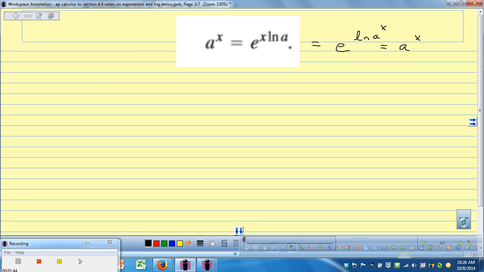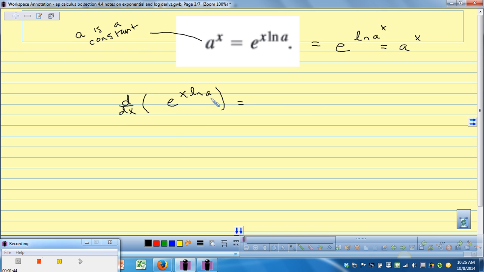I believe it to be true. So now, it makes it far easier to take the derivative, now that we know the e to the x rule, of e to the x natural log of a. A few things we need to make clear. A is a constant. Not a variable. It's 2 or it's 7. So, if I want to take the derivative of this, what do I get? Apply the chain rule.